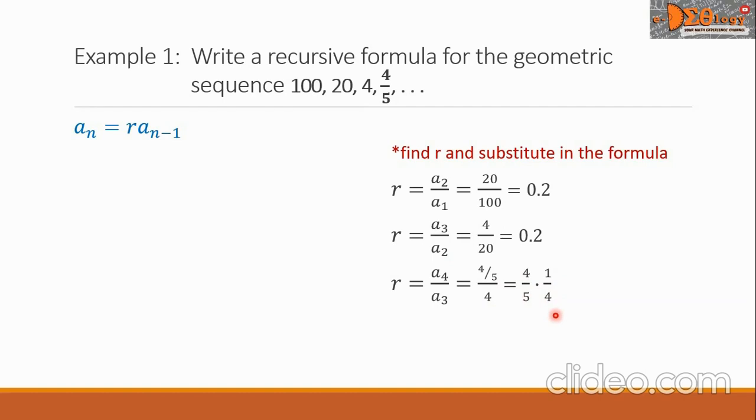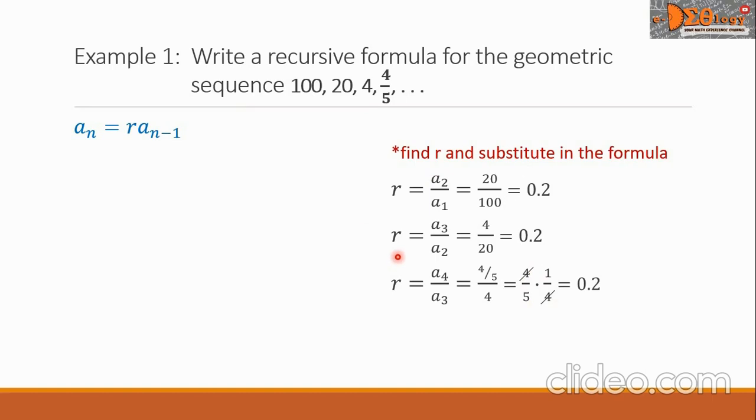We can see here that we can cancel this number 4 in the numerator and the number 4 in the denominator, and we will have 1 over 5 left, and that value is also 0.2. So we can see here that the r is common for all the pairs.